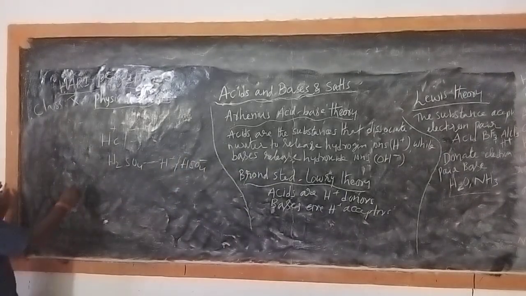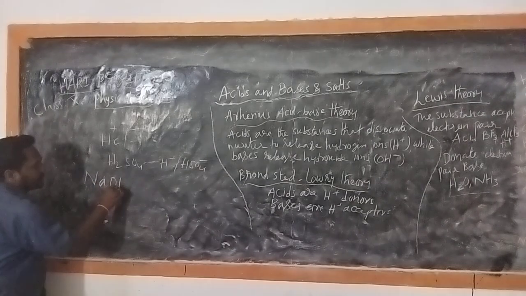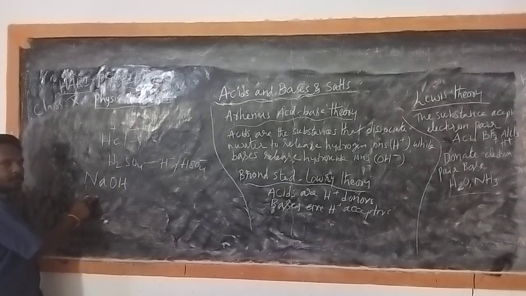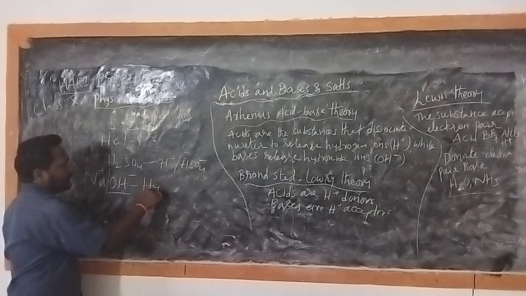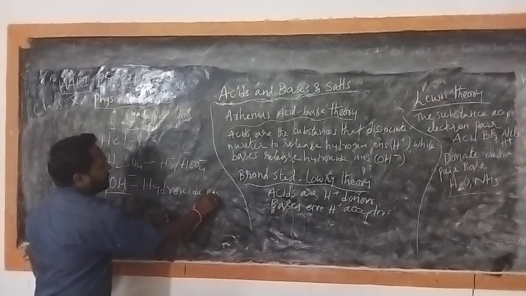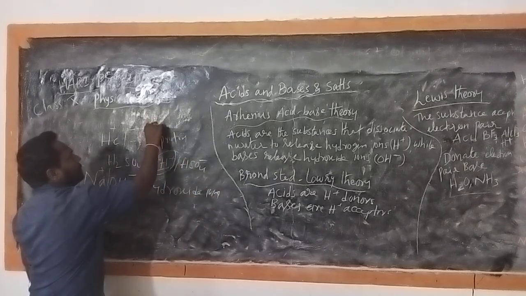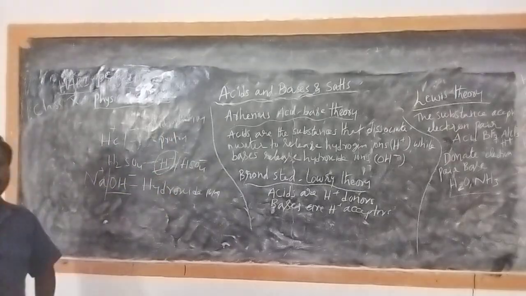Those substances that give OH minus are bases. Sodium hydroxide, which is a base, dissociates into Na plus and OH minus ions. This OH minus ion we call the hydroxide ion. This H plus is called a proton, or simply hydrogen ion.